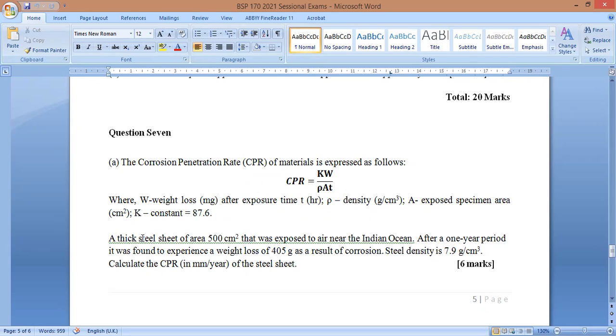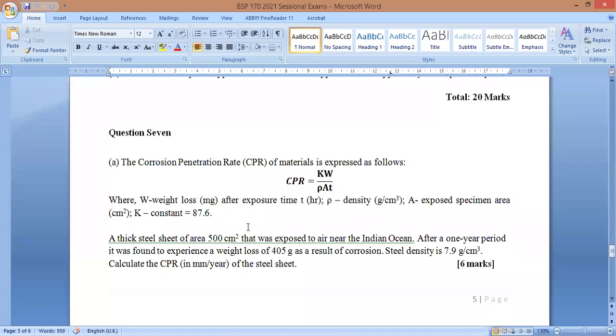A thick steel sheet of area 500 centimeter squared was exposed to air near the Indian Ocean. After a 1-year period, it was found to experience a weight loss of 405 grams as a result of corrosion. Steel density is 7.9 grams per centimeter cubed. Calculate the CPR in millimeter per year of the steel sheet.